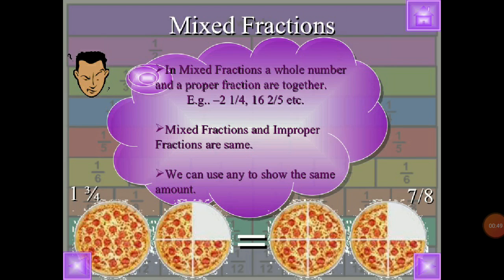That means a mixed fraction can be converted into an improper fraction and an improper fraction can be converted into a mixed fraction. We can use either to show the same amount.